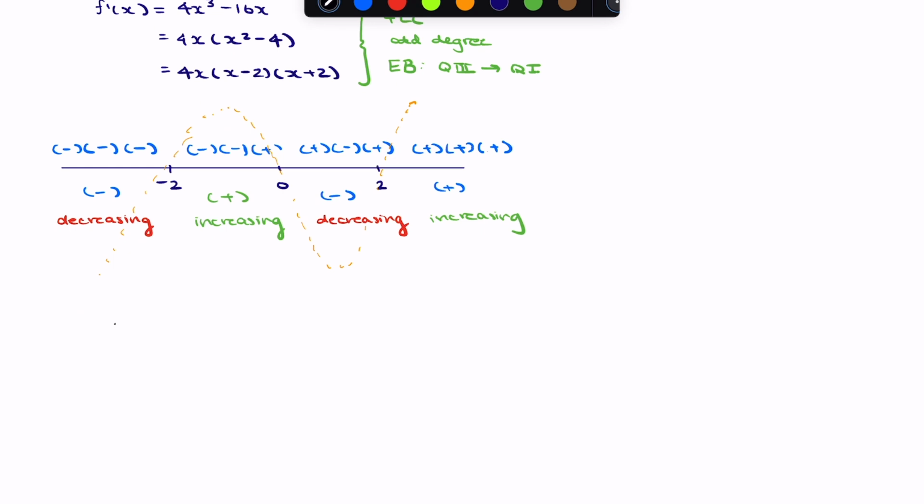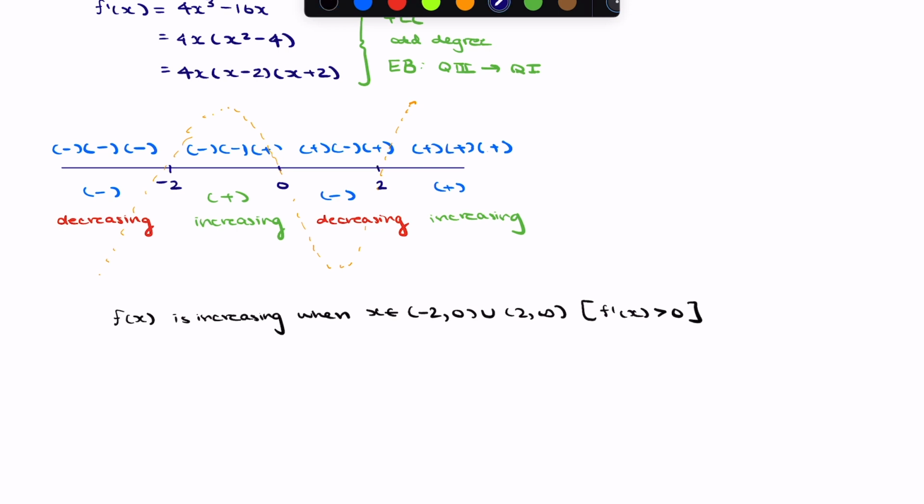So here, f of x is increasing when x is between -2 and 0, and also from 2 to infinity. And again, this is when f prime of x is greater than 0.